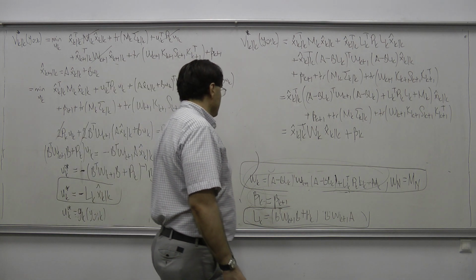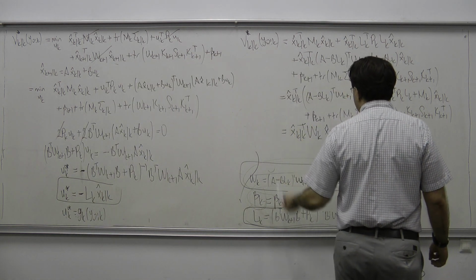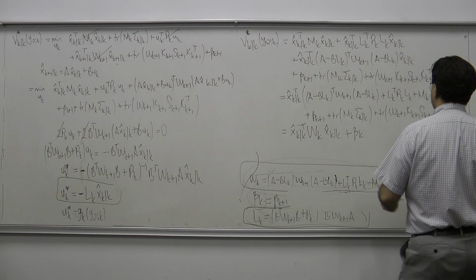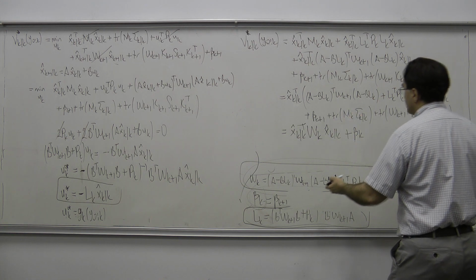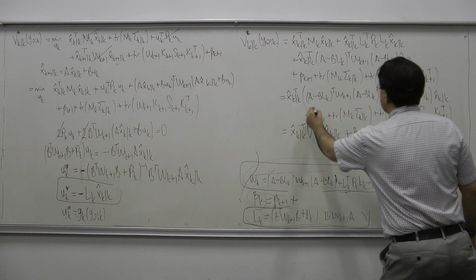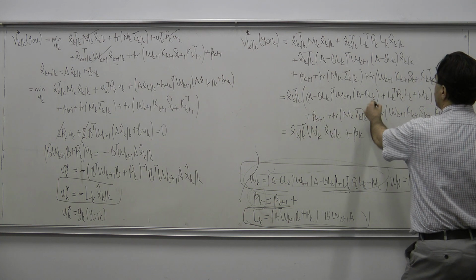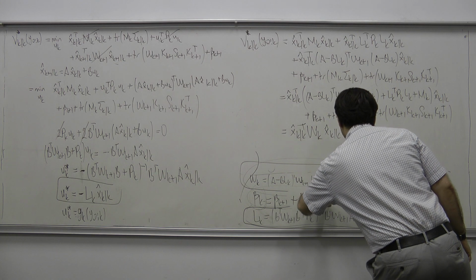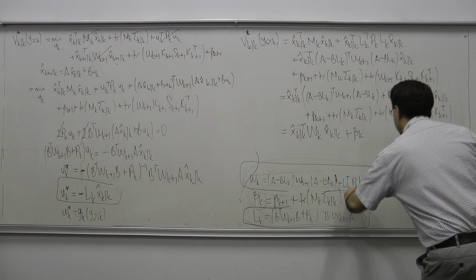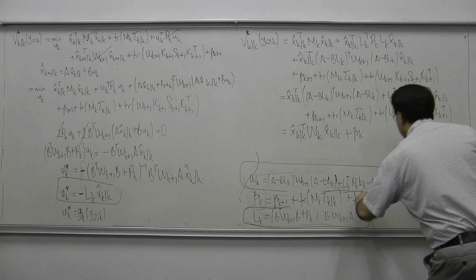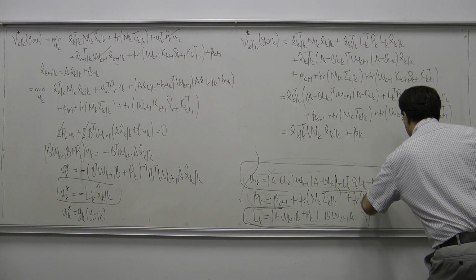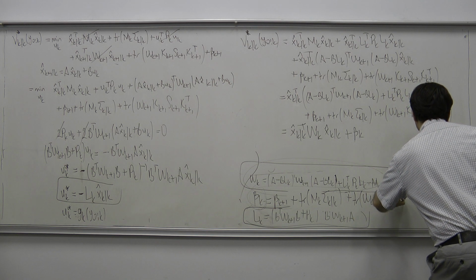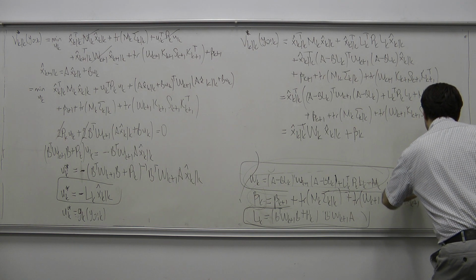Only beta updates changed, and in that case we had beta k equal to beta k plus 1 plus trace Mk Sigma k given k, plus trace Wk plus 1, Kk plus 1, Sk plus 1, Kk plus 1 transpose.